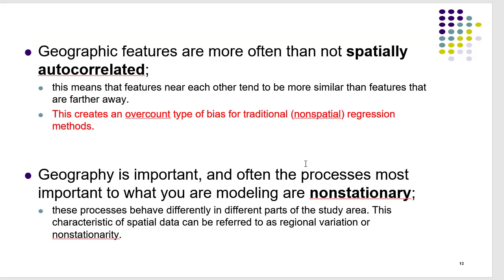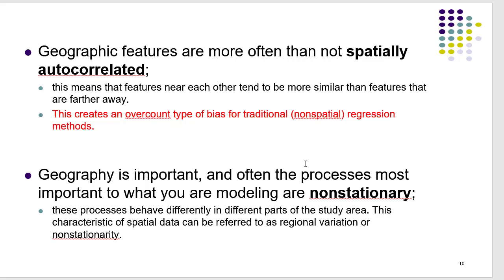And it's just the fact that our geographical features are more often than not spatially autocorrelated. It means that features near each other tend to be more similar than features further apart. That creates an over-counting type of bias for traditional non-spatial regression methods.